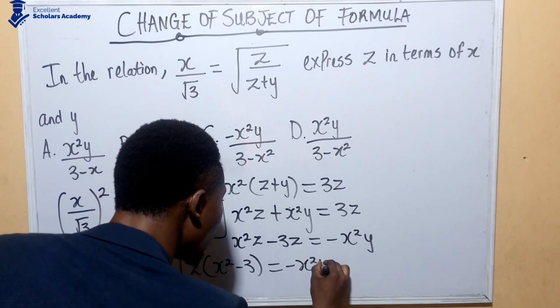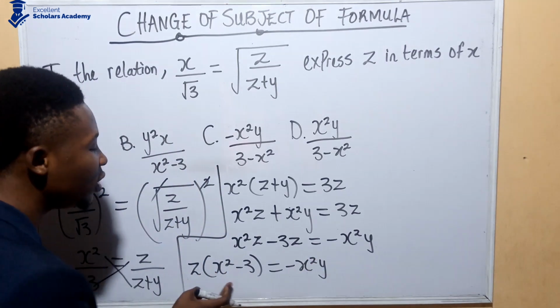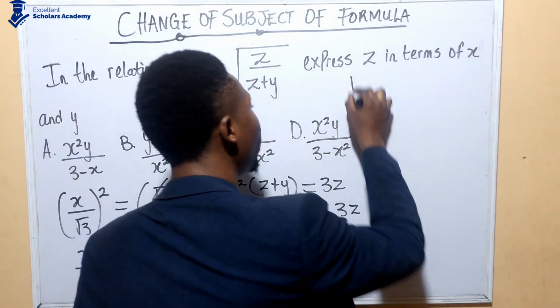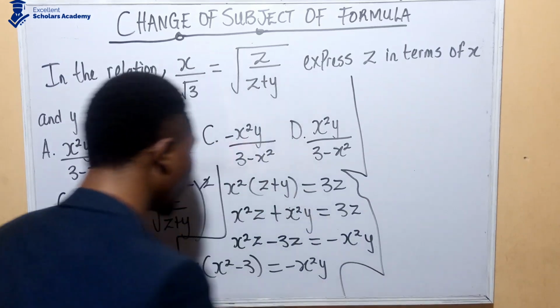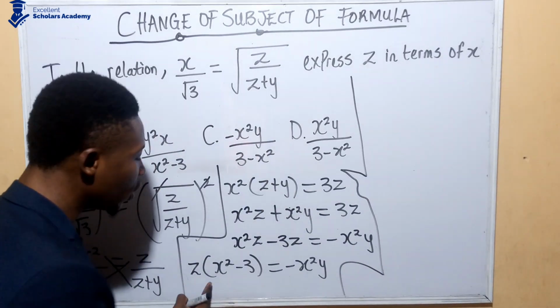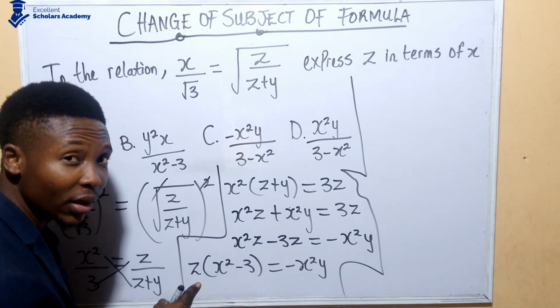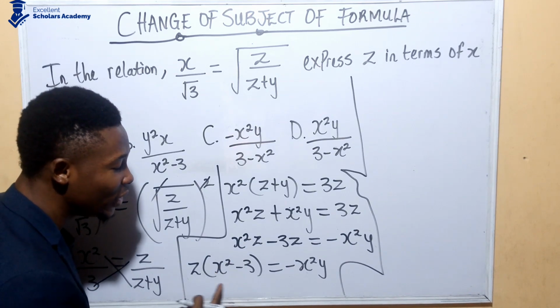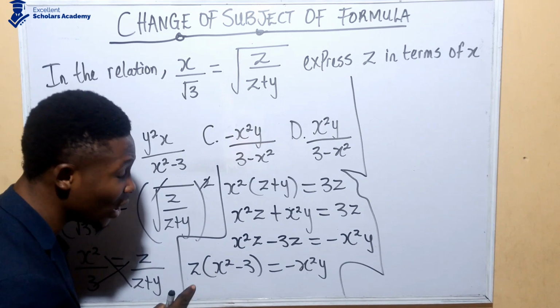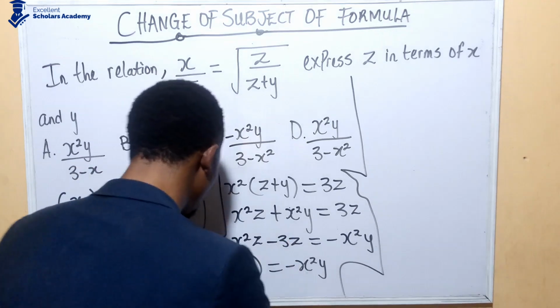Minus x squared y. Now, you divide both sides by x squared minus 3, because that's the only thing obstructing you from finding z from here. We just factorized z, so we divide both sides by x squared minus 3 so that we can make z stand alone.